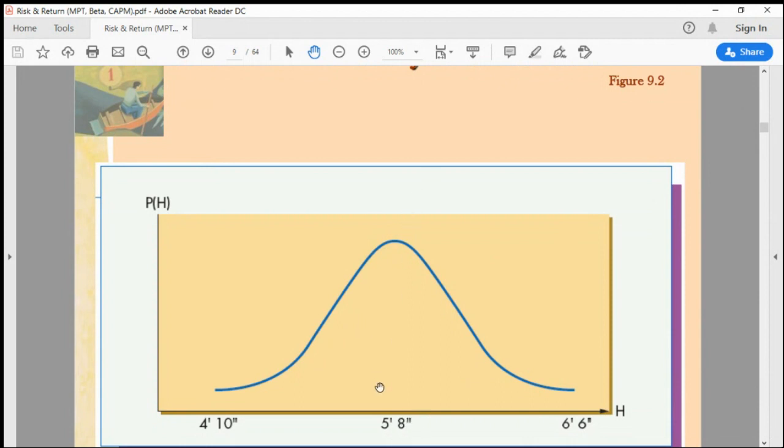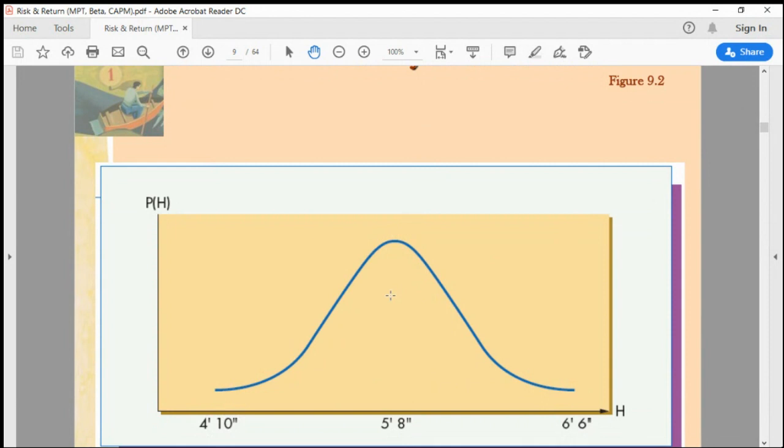5'8" being the mean, and 6'6". This is not the end of the tail. This looks more like two standard deviations from the mean. 4'10", also two standard deviations below the mean.